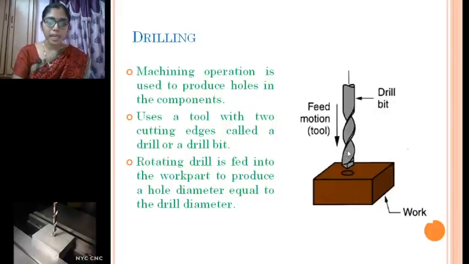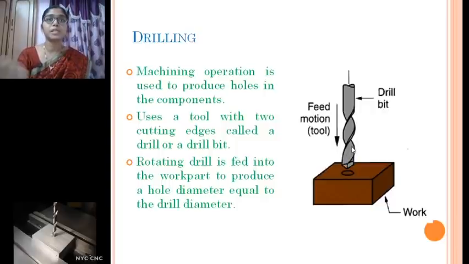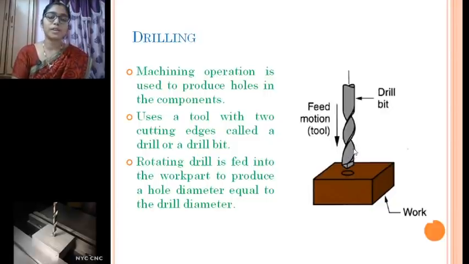You can also see an area on this surface, a groove-like structure, which is provided to remove the removed material, that is, the chips. The chip will flow through this surface and come outside. If the whole thing were cylindrical, it would be very difficult to remove the chips from the surface.